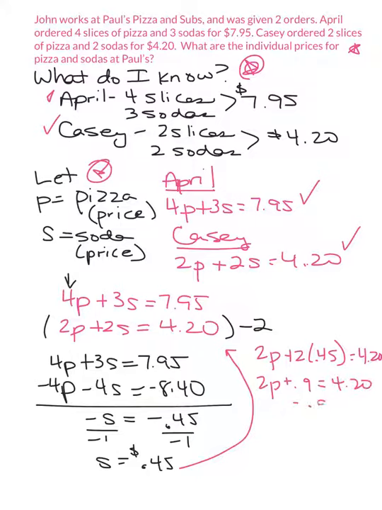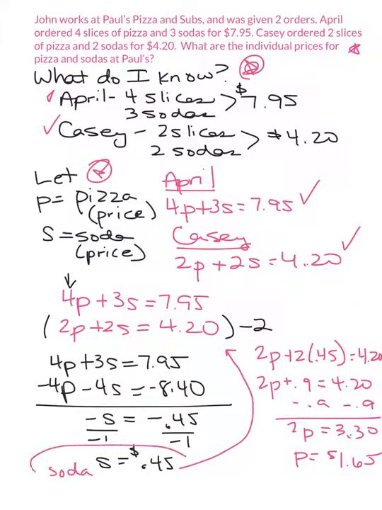Subtract my 0.9, and I have 2p is equal to 3.30. So a slice of pizza costs $1.65. Okay, so my soda price is 45 cents, and my slice of pizza is $1.65.